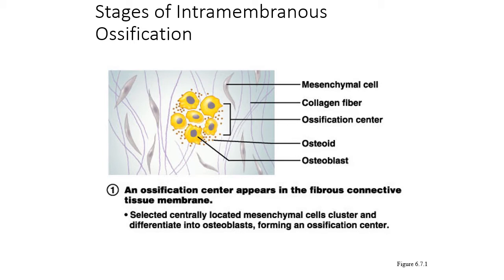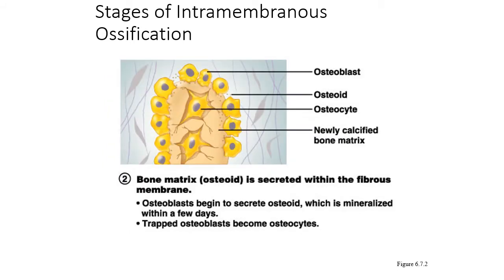So as we take a look at this, we have essentially mesenchyme all throughout the tissue here, and then some osteoblasts are going to start to lay down osteoid. And so they're going to start to lay down the matrix that's inside there. And this then starts to ossify, and this starts to become the primary ossification center for this bone.